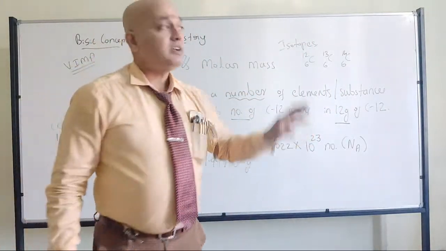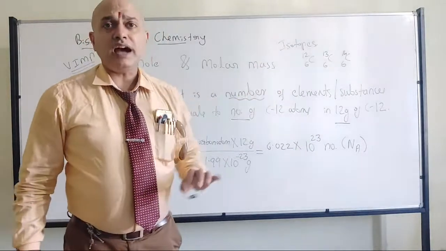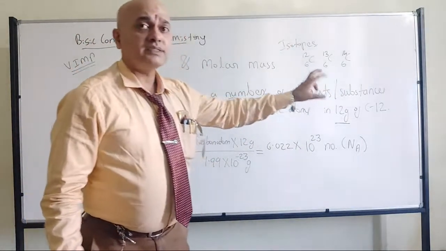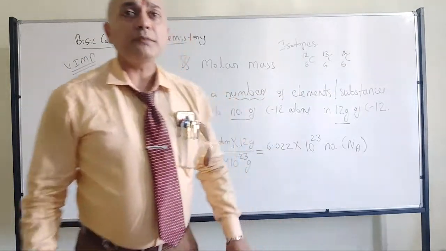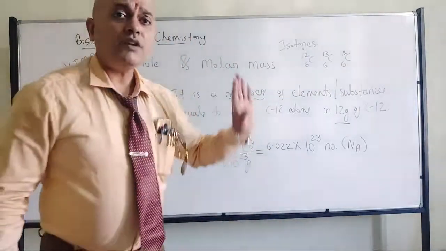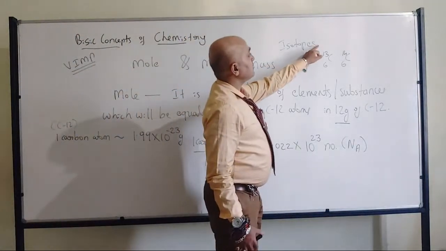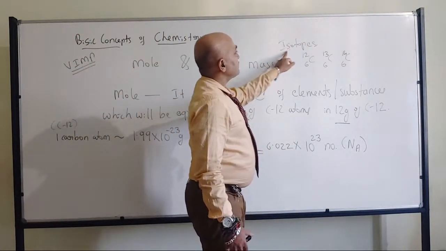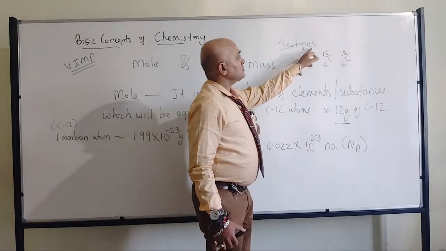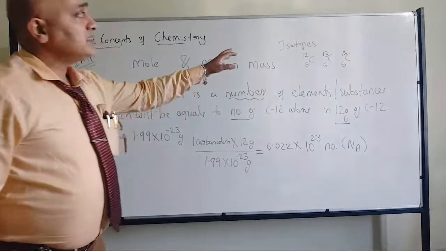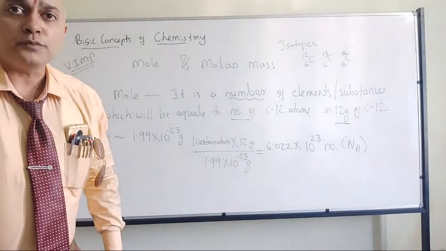We don't have three different places for carbon-12, carbon-13 and carbon-14. All of them are in the same position. Therefore this word has been coined: iso stands for same, topos means position, so they are called isotopes.